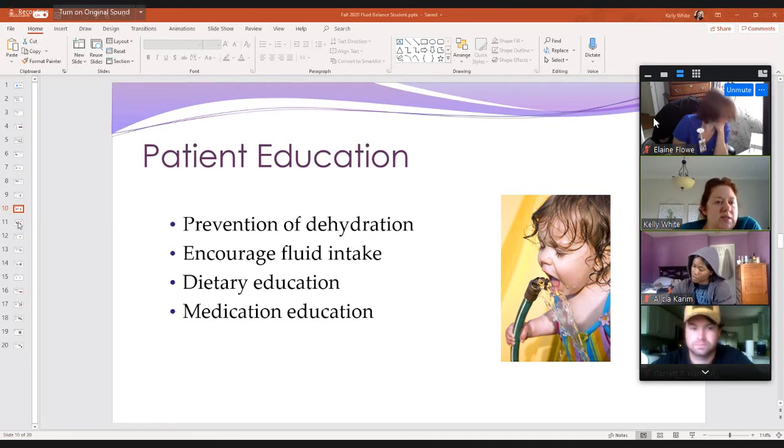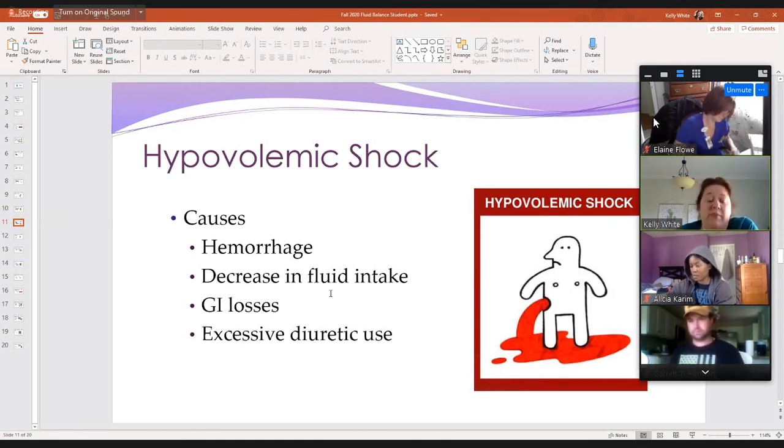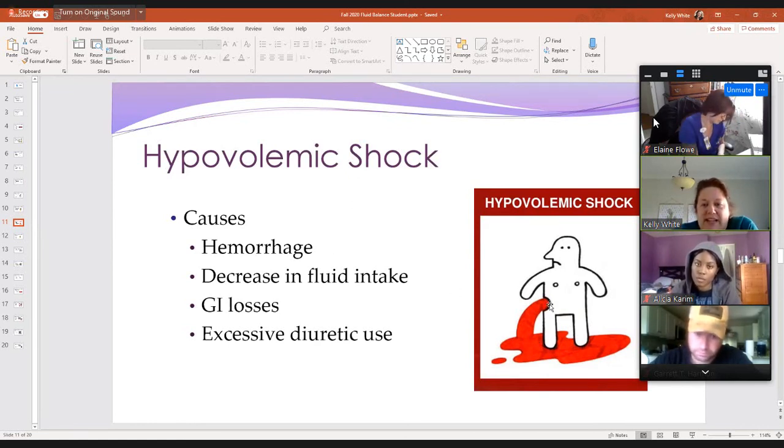So next we will look at hypovolemic shock. And I'm not going to go into great detail on hypovolemic shock just because you'll focus more on that in critical care. But the causes of hypovolemic shock are, of course, hemorrhage. You have this guy over here who's got some kind of wound and he's just massively bleeding out.